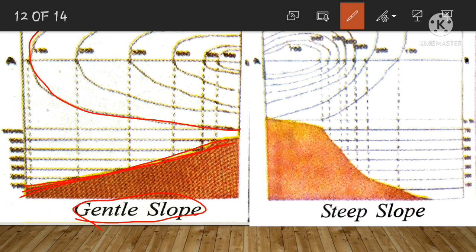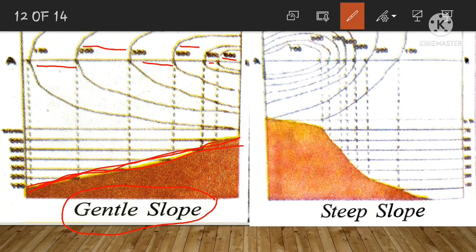Here the distance between the lines is more. In the second picture, a steep slope is given.